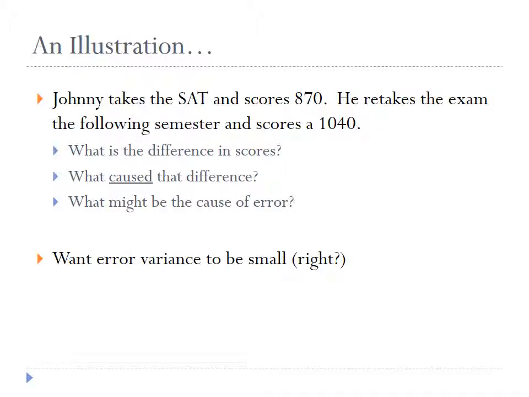And so the SAT is going to be used in his college application process, and he gets much better the second time. What is the difference in his scores? Well, on face value, it's a 170-point difference. The difference between 1040 and 870 is 170 points.